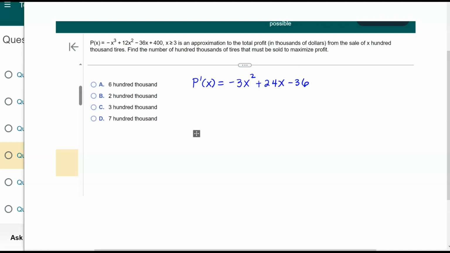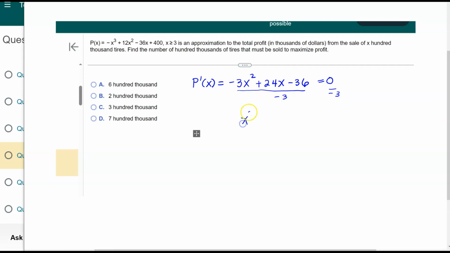So we took the derivative of the function. Then now we equate this to 0 to find the critical number. So to find the critical number, you look at the coefficients first and notice that they're all divisible by 3. So let's divide both sides of the equation by negative 3.